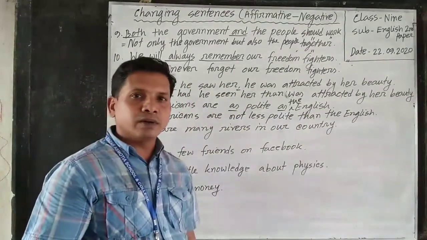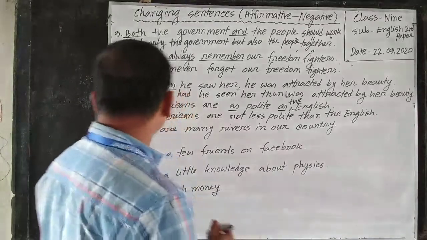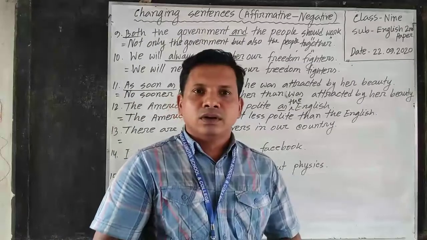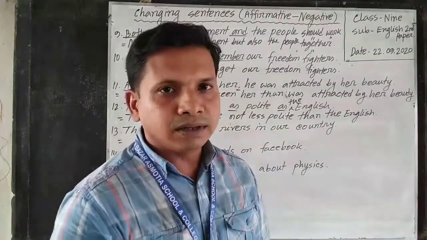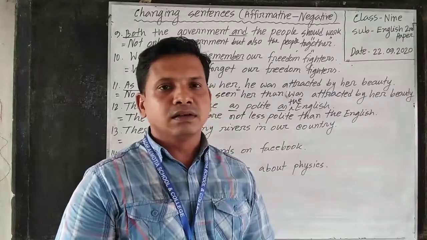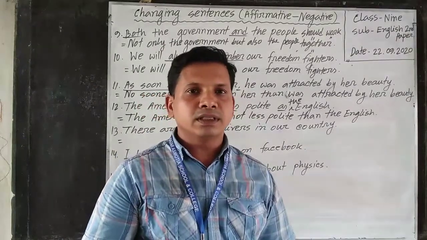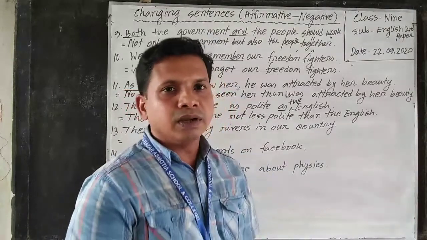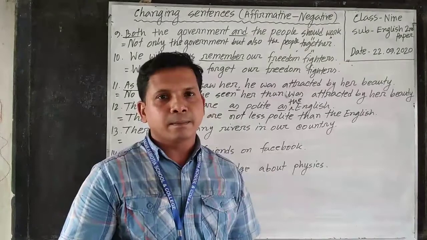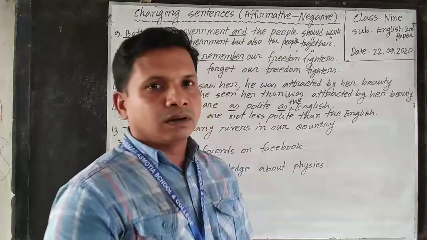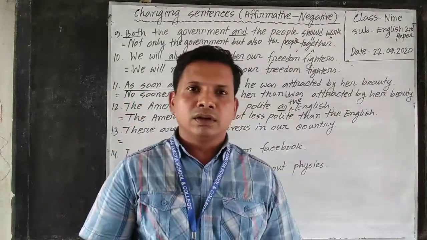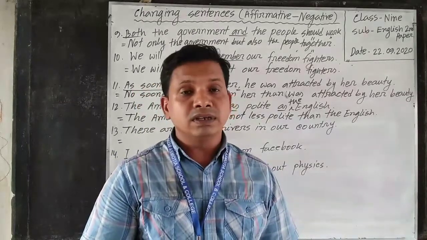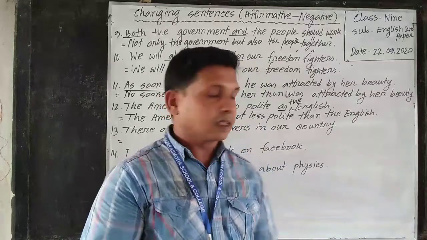Now we will solve the next sentence, number 13. There are many rivers in our country. We know if any affirmative sentence contains many, then we have to use not a few instead of many.